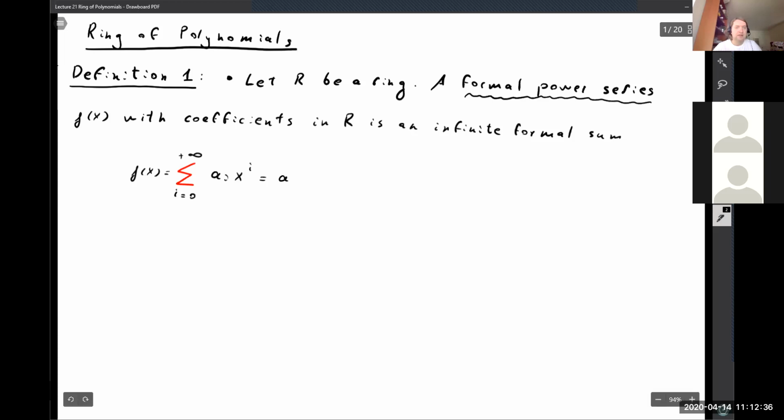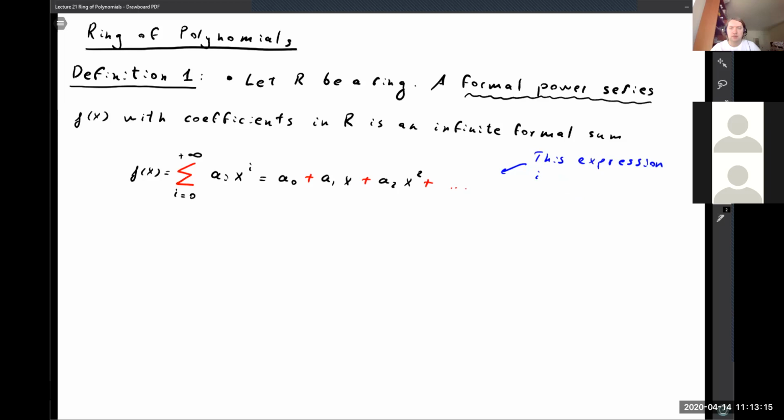So in other words, we can also write that this is a0 plus a1x plus a2x squared, etc. Okay, so note that this expression is not an actual sum. Well, at least for now.